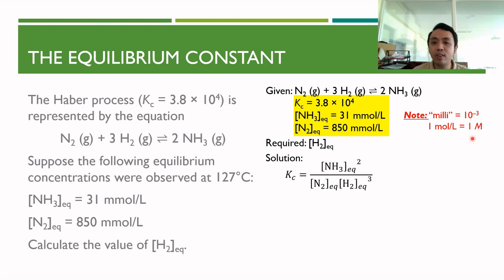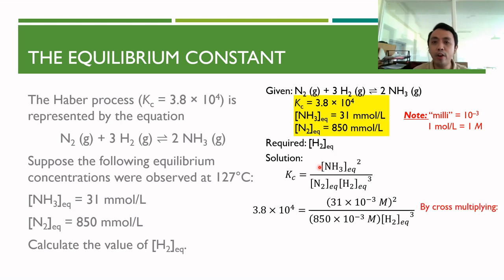From these, we are now ready to substitute the given values of K sub C and the equilibrium concentrations to our K sub C expression. This gives us the expression shown on the screen. Now, in order to solve for H2 cubed, we do cross multiplication. By this, we multiply both sides of this equation by H2 cubed, and at the same time divide both sides by 3.8 times 10 to the power of 4.